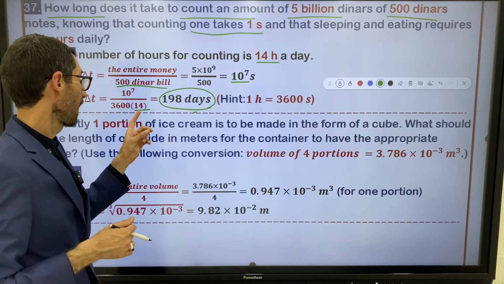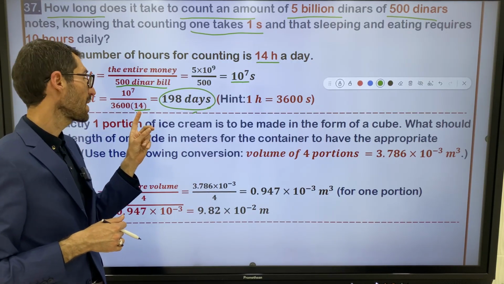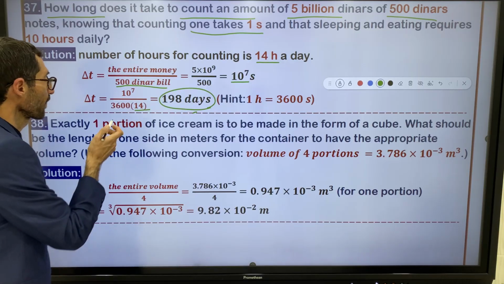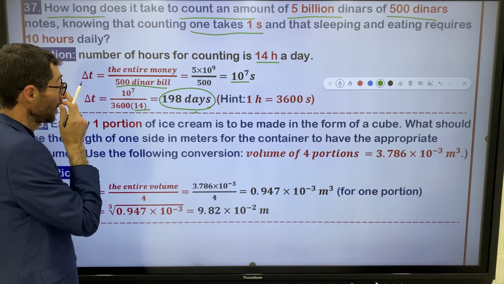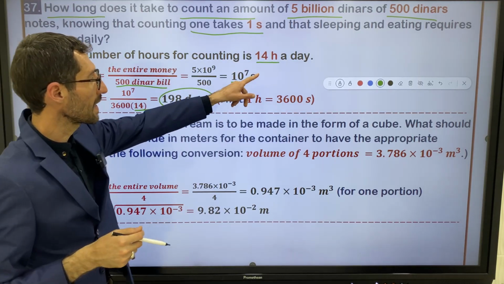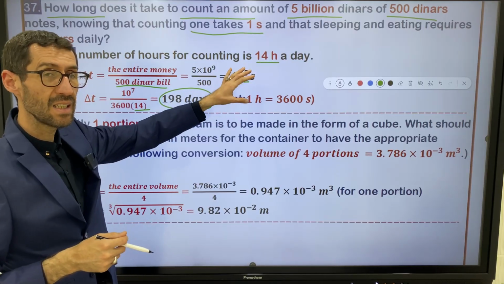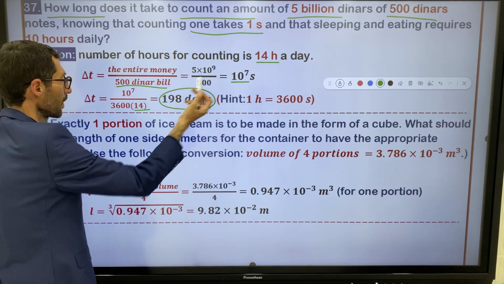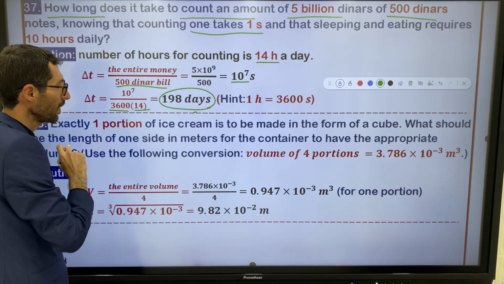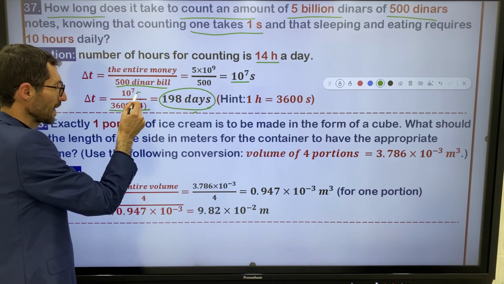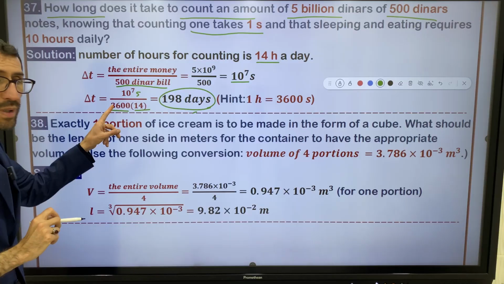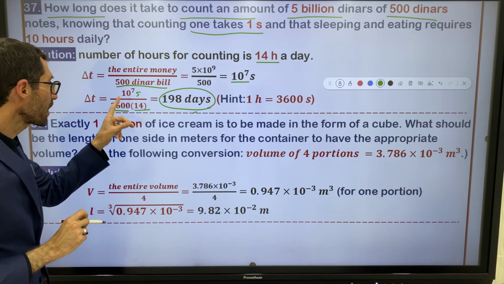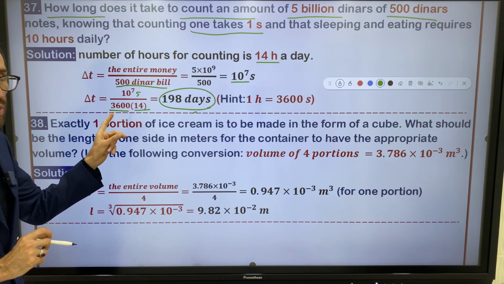That's why 14 remains, and 14 is not minutes, is not seconds. That's why you have to convert this number, 10 to the power 7 seconds, to hours. One day contains 14 hours, and each hour contains 3,600 seconds.